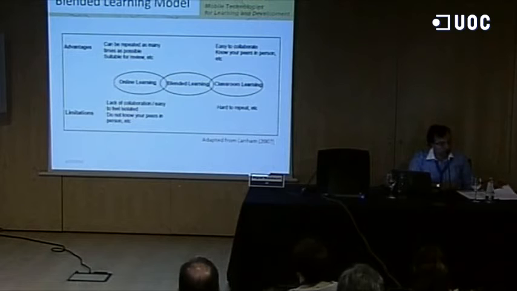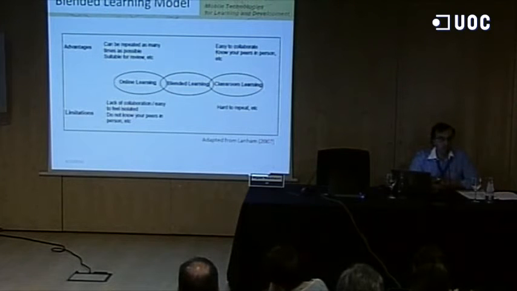Some models: the basic model, you have the traditional model, classroom learning, and online learning, and what you want in our project is the features of blended learning. What is blended learning?